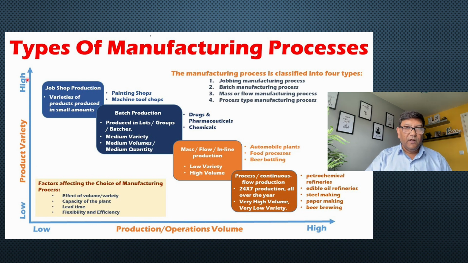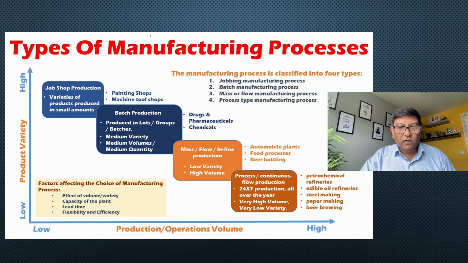In that, we have four different types of manufacturing process which we consider in operations. When we look at the first one, what used to happen? Earlier, we used to produce products and services in a continuous flow. In continuous flow, we try to produce something continuously without stopping, 24/7, 365 days.